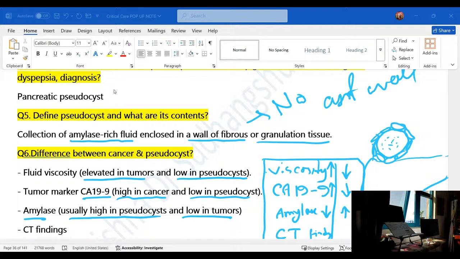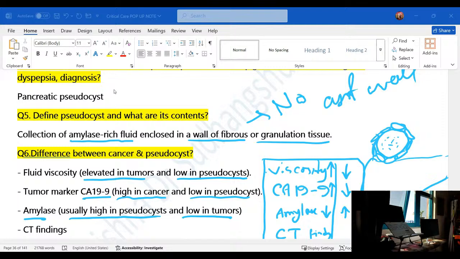Difference between cancer and pseudocyst. In cancer, fluid viscosity will be high, and in pseudocyst fluid viscosity will be low. In cancer, tumor marker will be high; in pseudocyst, tumor marker will be low.